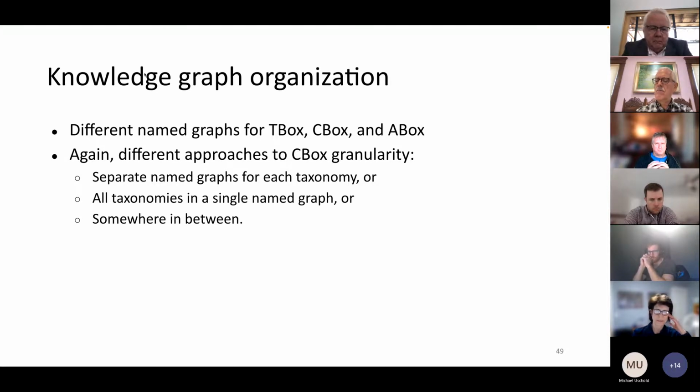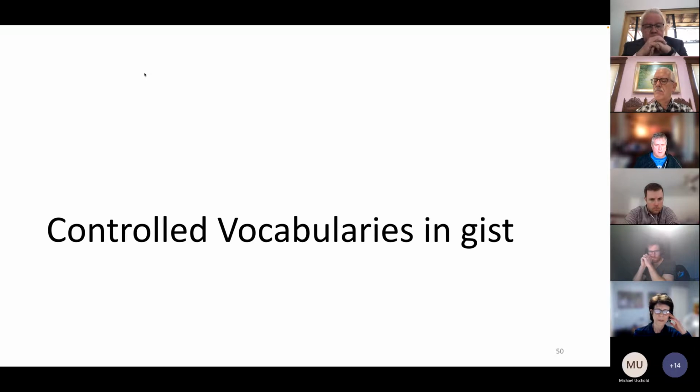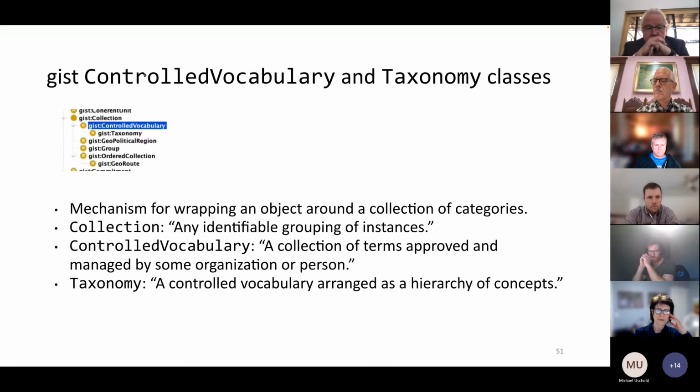We talked about controlled vocabularies, and gist offers two classes, both subclasses of collection. There is a controlled vocabulary class, which is a direct subclass of collection, which can be any type of controlled vocabulary, flat or otherwise.